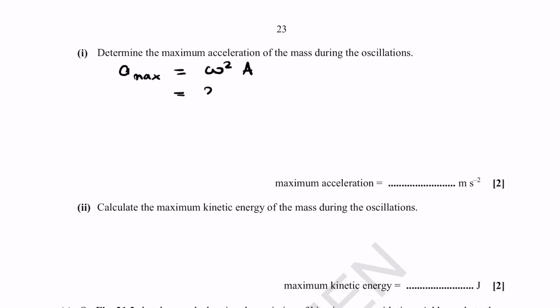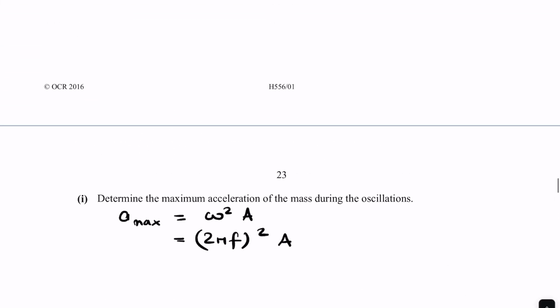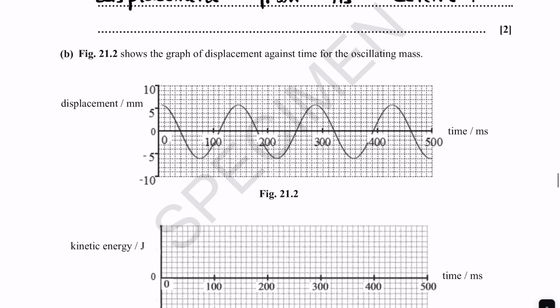So (2 pi f) squared times A, let's see what the graph holds. So we need to work out the frequency, and for the frequency I am going to see how many waves are passing and then average it out, because I can see that the time period is not very consistent from peak to peak.